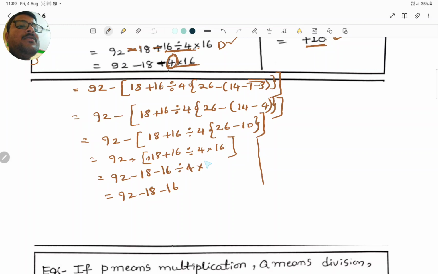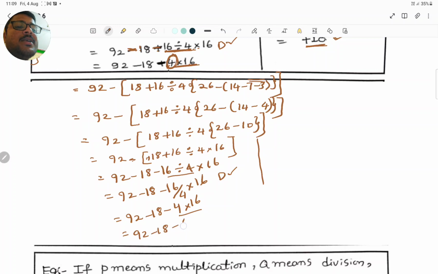Instead of 4 into 16 I am writing 4 into 16, division also over. Now next multiplication, 64, we will get 92 minus 82, answer is plus 10.